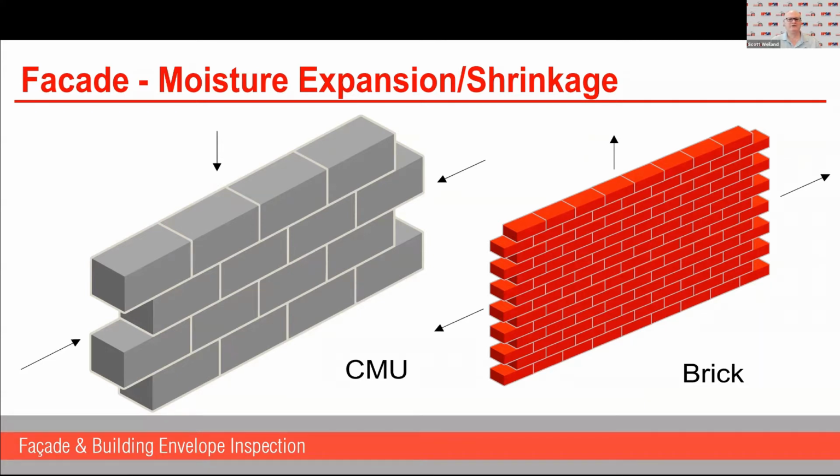By contrast, brick is fired in a kiln, and they fire off all the water, and so it comes out of the kiln, and it's the smallest it'll ever be, and it's just soaking up moisture after it comes out, and so it expands. And so you can see why in this particular case you would not want to rigidly attach the CMU to the brick.